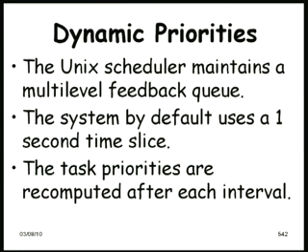Now, let us look at the dynamic priorities. Since this is an important issue, the dynamic priority handling in Unix, we need at least 15 minutes of discussion. Why are dynamic priorities needed, what is the advantage, and do we need this in the real time situation?